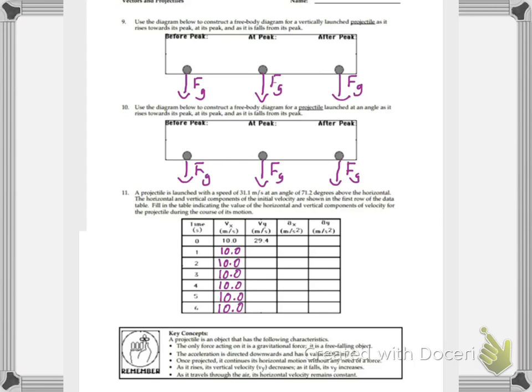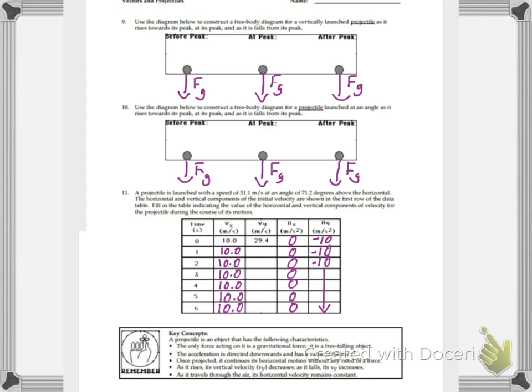So our acceleration in x is always 0 meters per second per second. Always. Our acceleration in y is always -10 meters per second squared. Those are all the same.